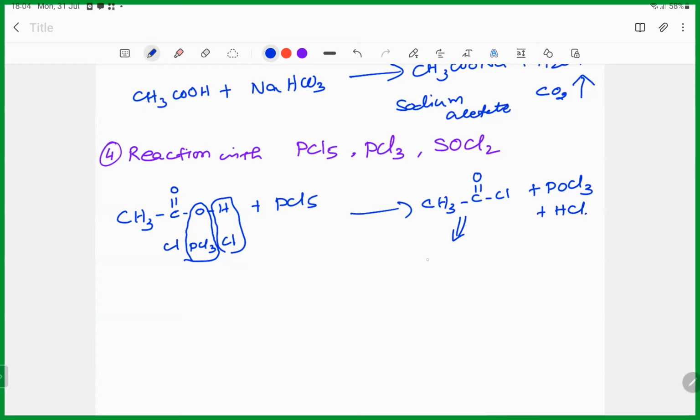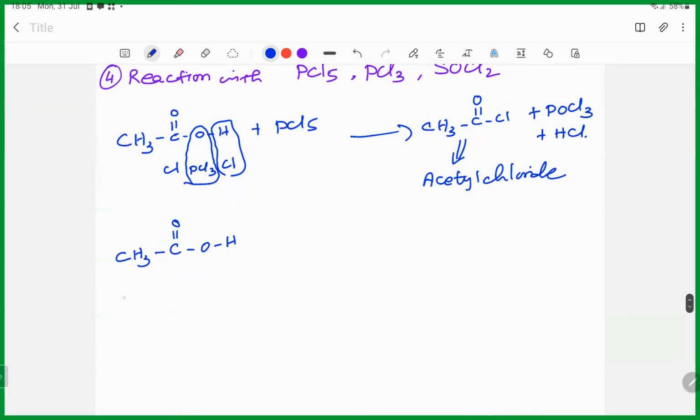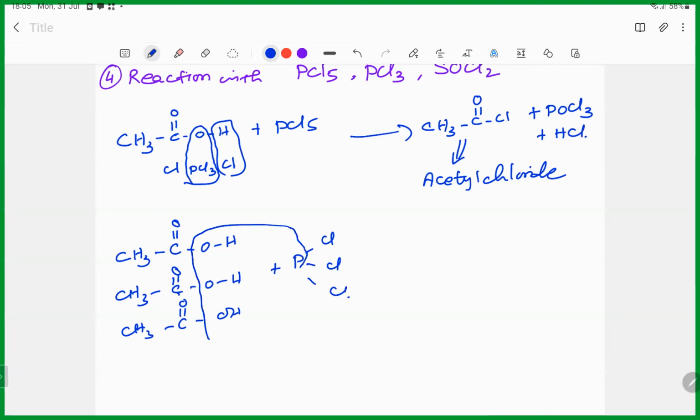This is known as acetyl chloride. Acid chloride is a functional group we have written, that is that. Do you understand how we have written it? Combine like this. Next, CH3COOH with PCl3. CH3COOH plus PCl3. So what will happen? This becomes POCl3, H3PO3. It gives 3 CH3COCl plus H3PO3.